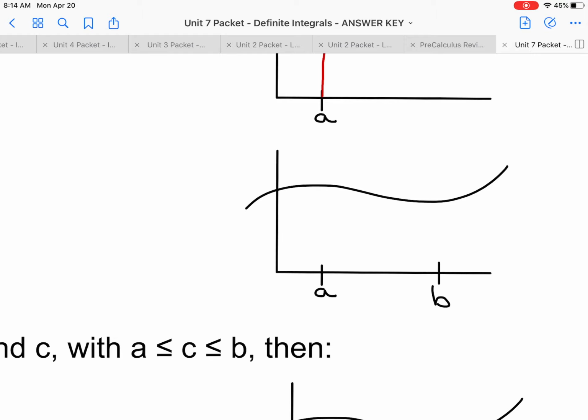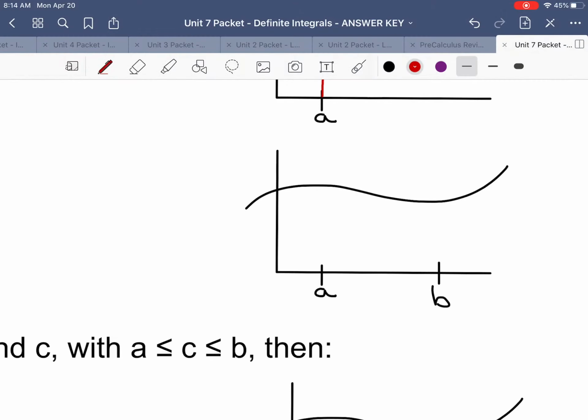All right, so I'm just going to oversimplify this a little bit. So I'm going to draw a simple rectangle. If I wanted to find the area, I would have some height multiplied by some value for the base.